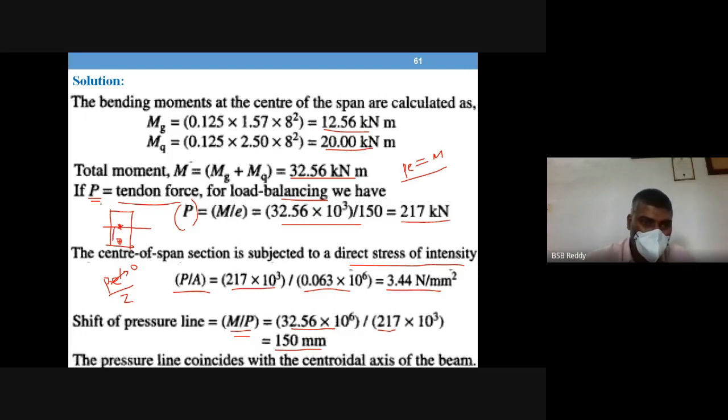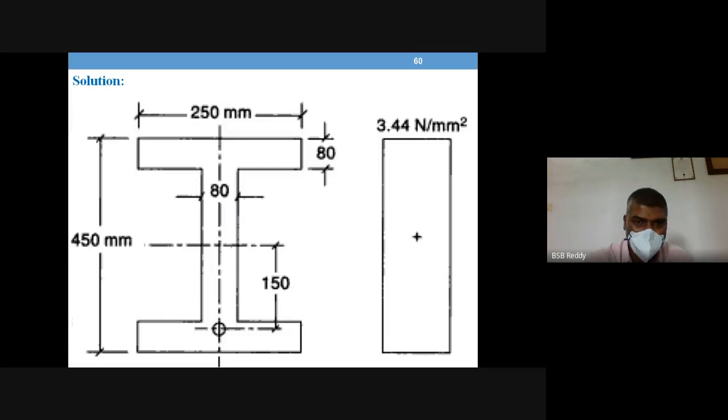So you only have E value. If this would have been above this line, we would be having E dash. So in this case, this point is on this axis of the beam. That means on this axis of the beam, the compression line is passing through this point. Hence, E dash is 0.